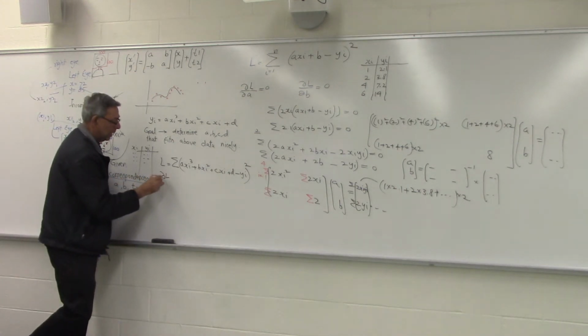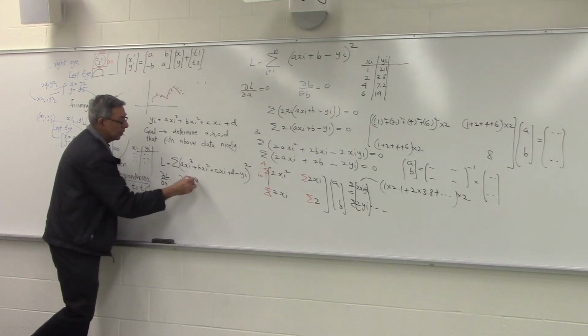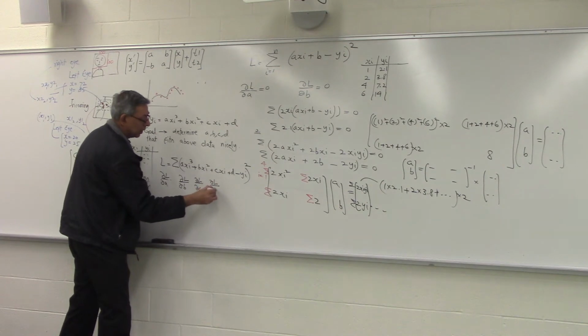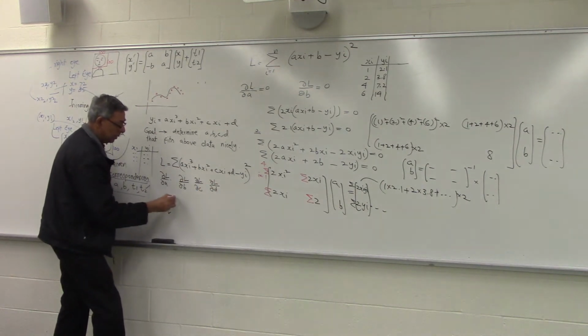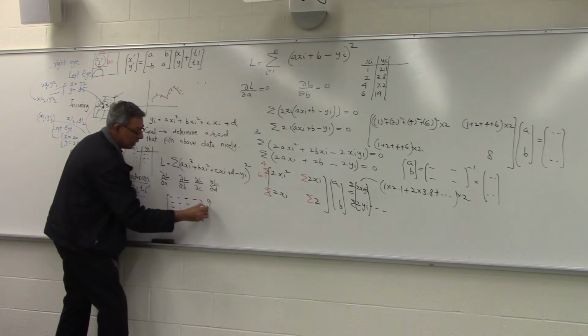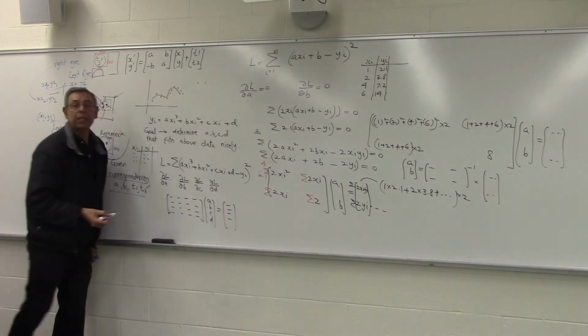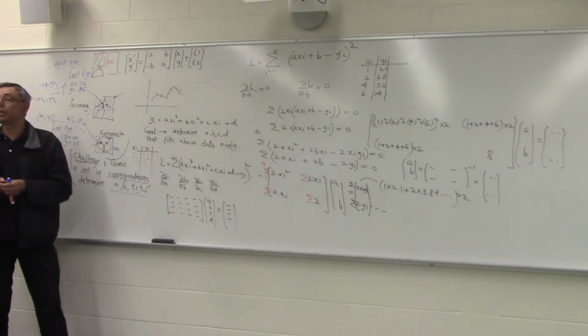Four: partial L over partial A, partial L over partial B, partial L over partial C, and partial L over partial D. Then you will compose it in matrix form, just like I showed you. You'll have a 4x4 matrix times A, B, C, D, and given the data, you'll have some numbers on the right side. Then you will do the inverse, multiply by the right side, and solve for A, B, C, D.